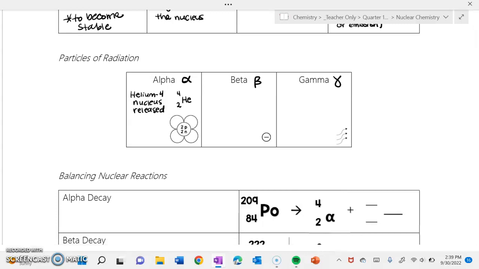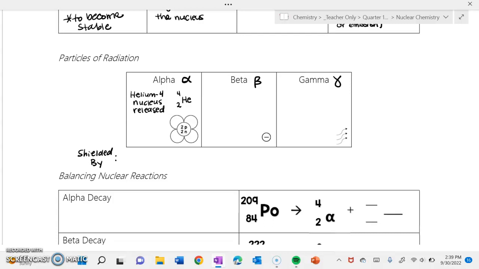While we're looking at particles of radiation, we also want to consider their dangers. When nuclear reactions occur, this is a release of energy, and so it can be a risk for human health. An alpha particle is probably too large to actually go through many materials that would be between us and an alpha particle, but if it was ingested, it could cause radiation poisoning. So we're going to make a list of the different particles and the way that they're shielded.